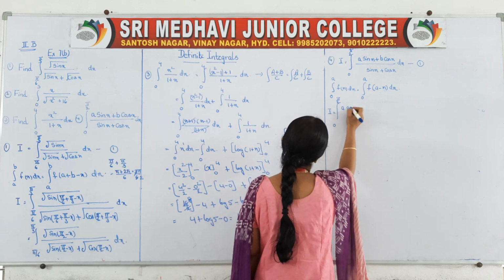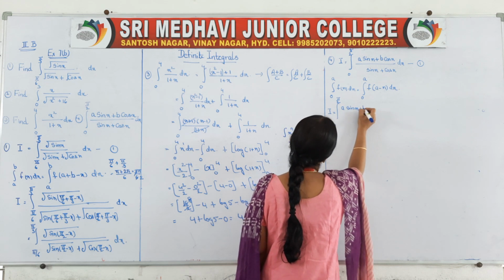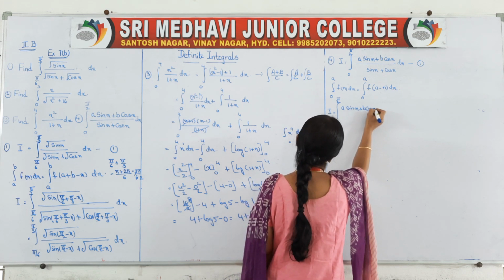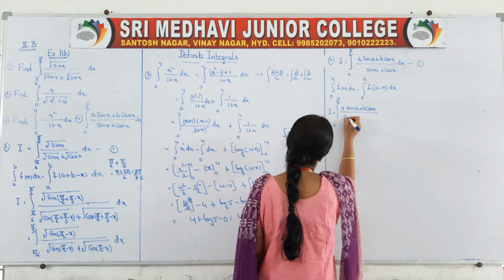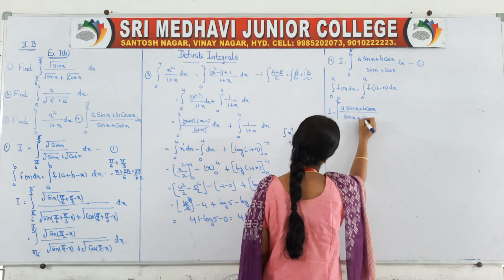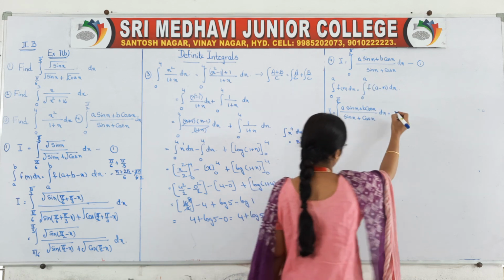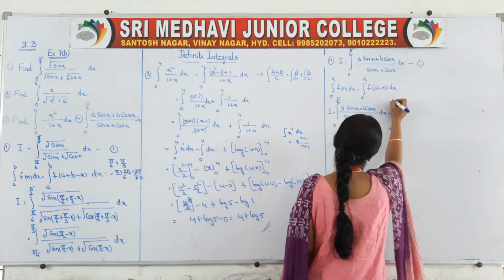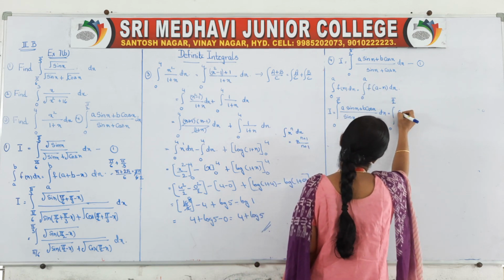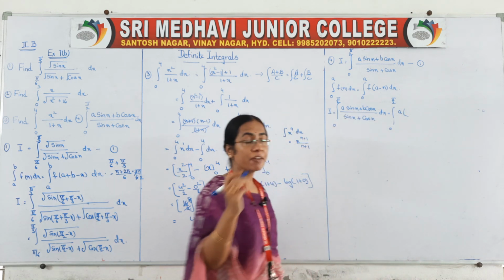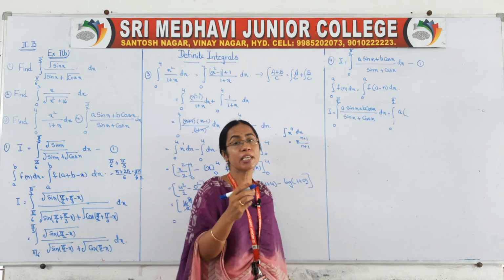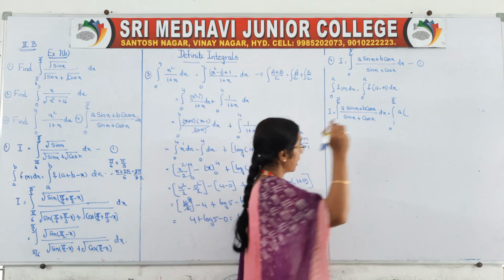So the integral of (a sin x plus b cos x) divided by (sin x plus cos x) dx is equal to integral 0 to pi by 2 of a into, wherever x is there, we have to take pi by 2 minus x.